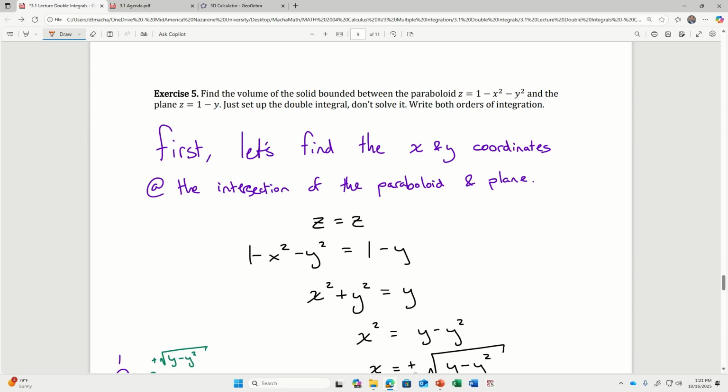Yeah. Well, what I'm thinking is a paraboloid can be face down or face up. I know this paraboloid is going to be face down because I'm subtracting x squared and I'm subtracting y squared. So the maximum value of that paraboloid happens when x is 0 and y is 0. And everything else is going to be a smaller number. So this is kind of like a mountain-shaped thing.